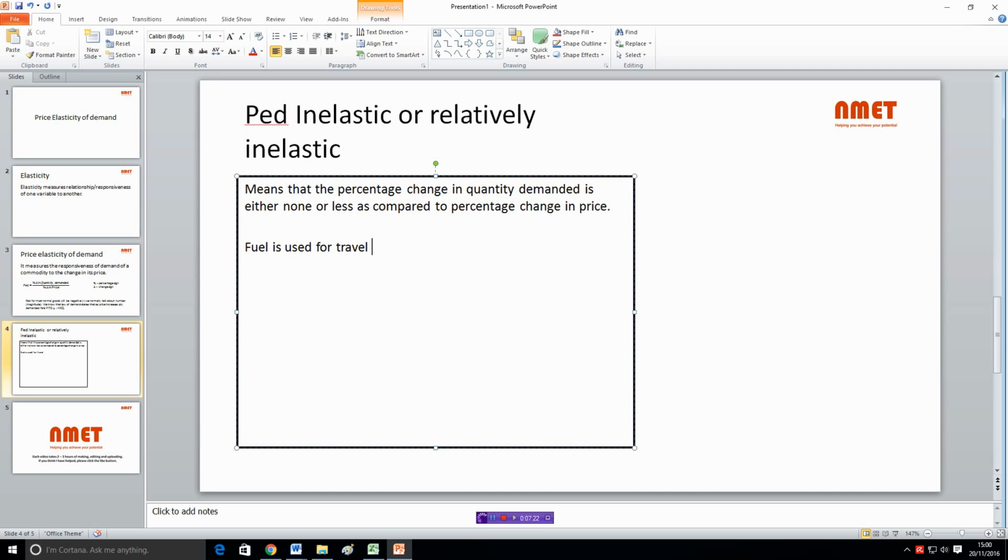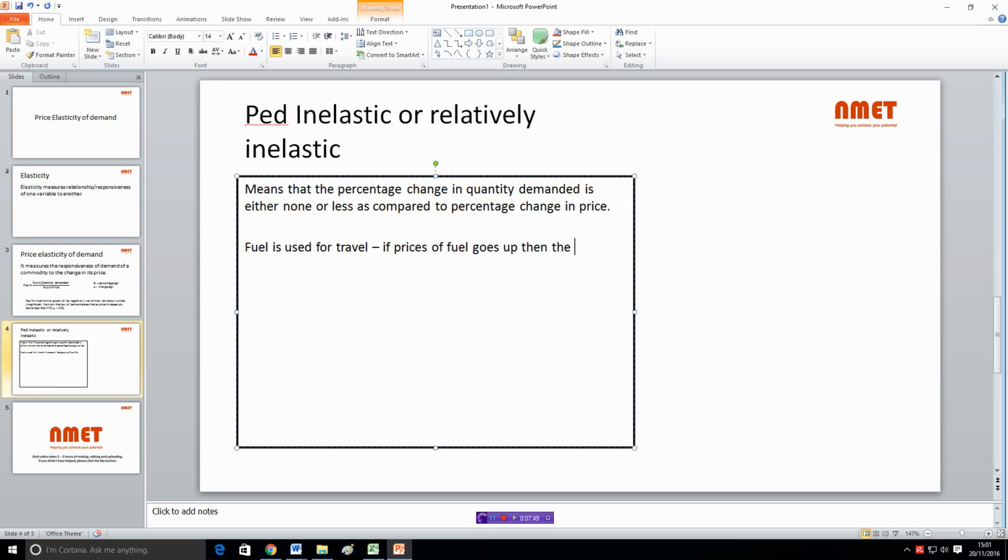Now, if prices of fuel go up, do you think people will consume less fuel? What do you think will be people's reaction? What happens to consumption of fuel?